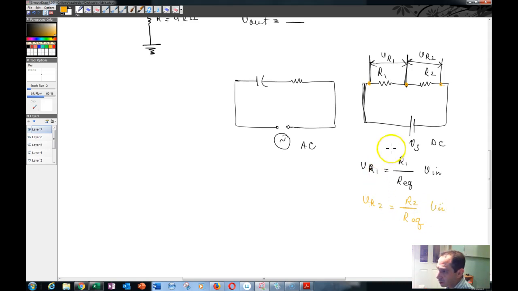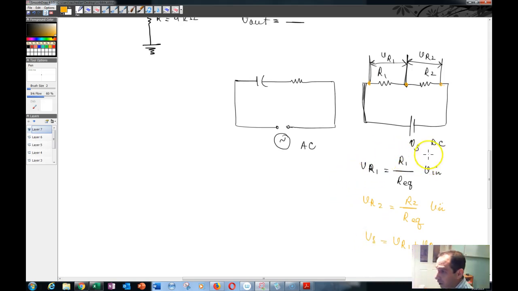Then again in this circuit, the supply voltage V of S is equal to these two voltage drops added together, meaning that V of R1 plus V of R2 would be equal to the power supply voltage. And this is also called Kirchhoff's voltage law.